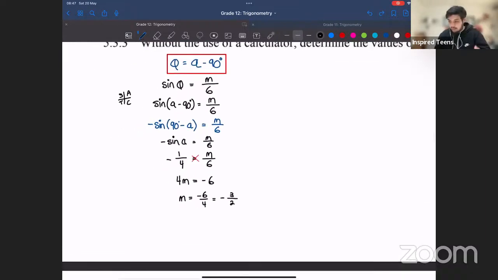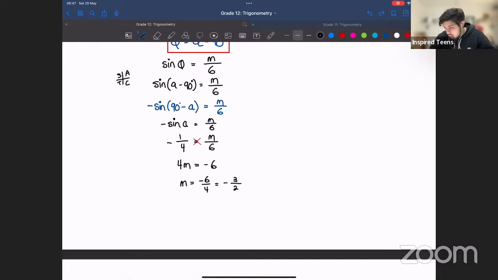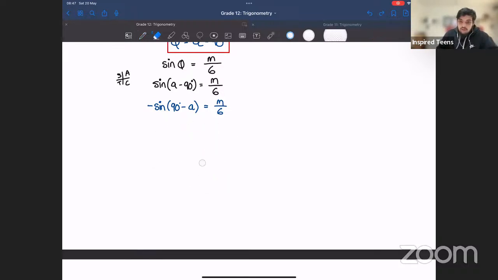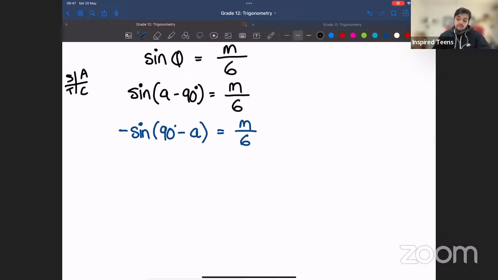Oh, man, I'm making too many silly mistakes today. Sorry, I did my reduction incorrectly because I forgot the main thing. Okay. Yes, it's sine and 90. So this should become negative cos alpha, which is then equal to m over 6.